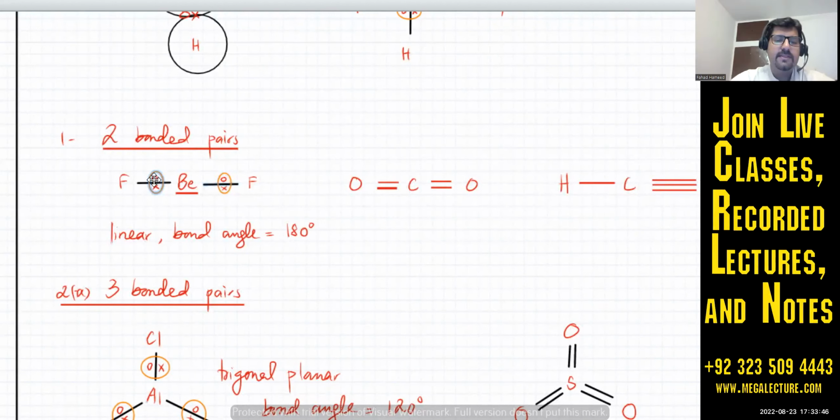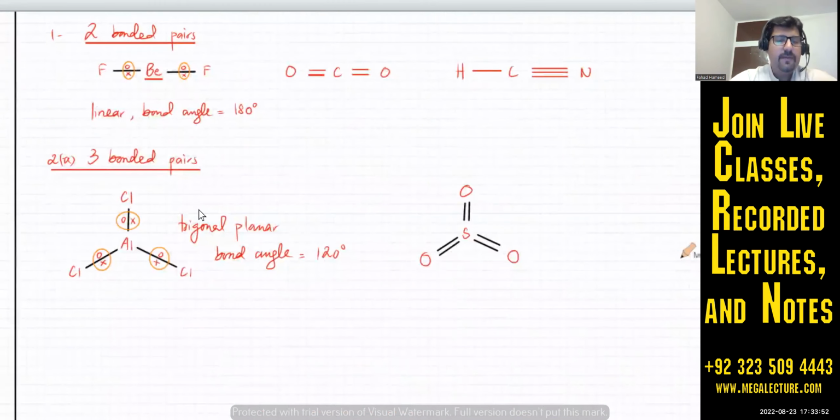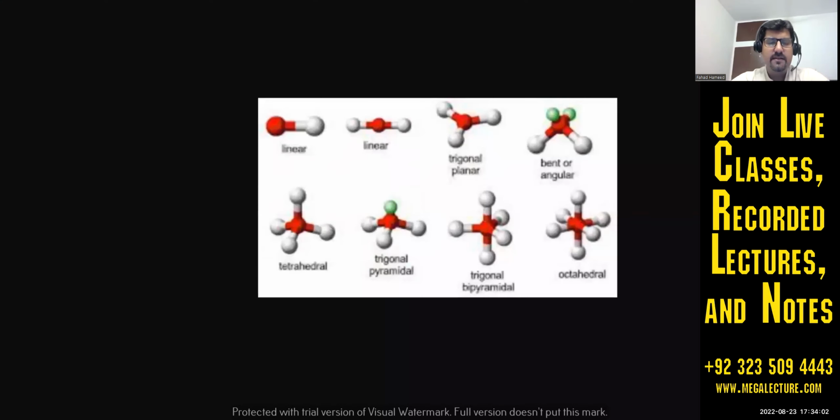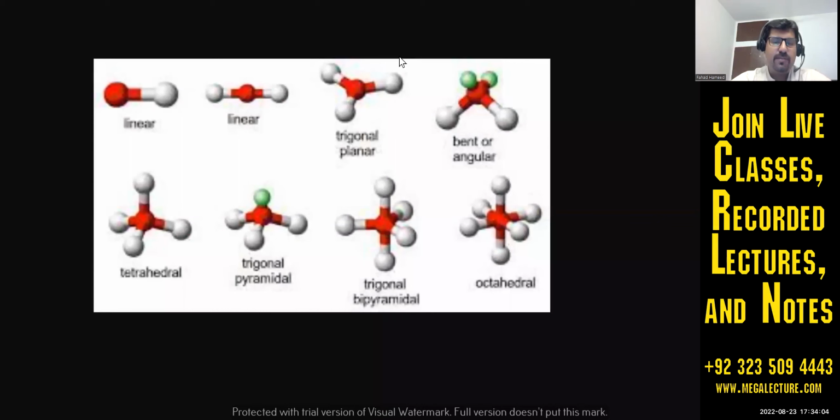This one is repelling this one, right? So they'll try to be as far away from each other as possible. When you have three bonded pairs, the only way in three-dimensional space that they can be far away from each other is trigonal planar. It's 120 degrees. Is that clear?